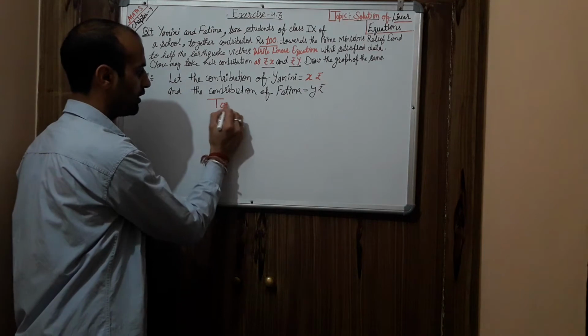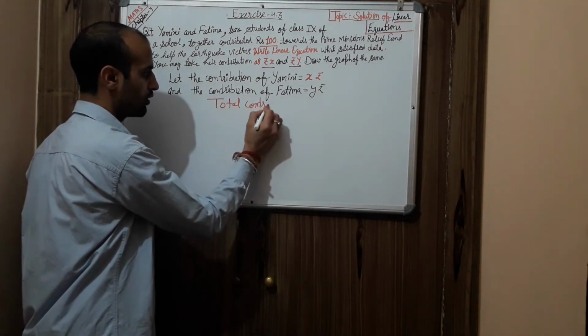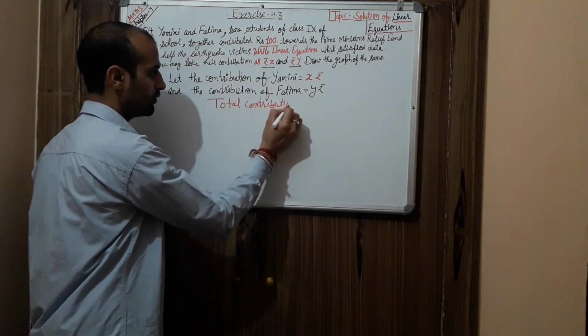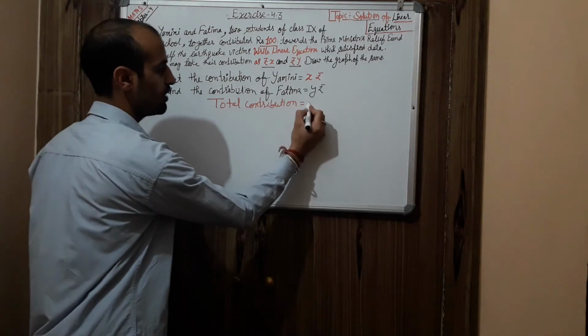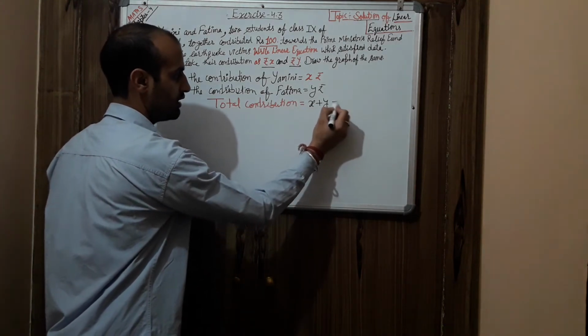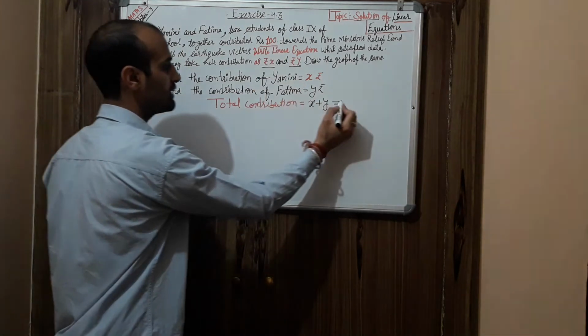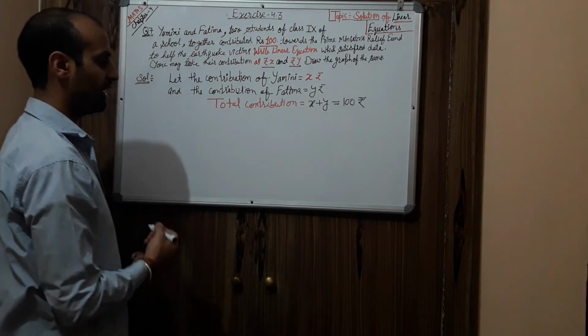So you can write: total contribution is equal to x plus y is equal to, what is the total? 100 rupees. This is a very important line.